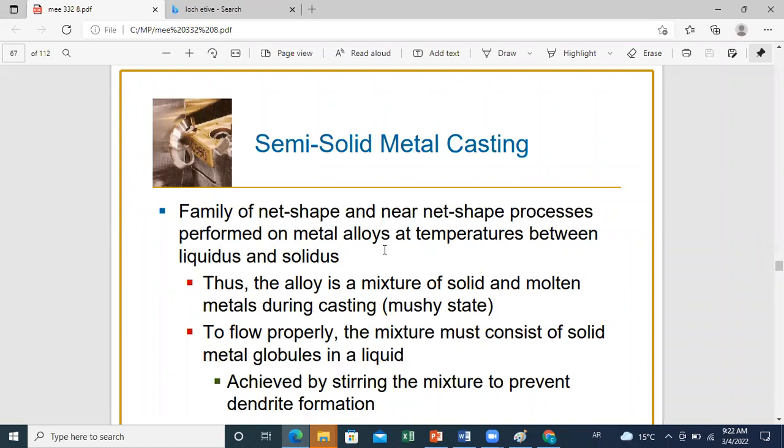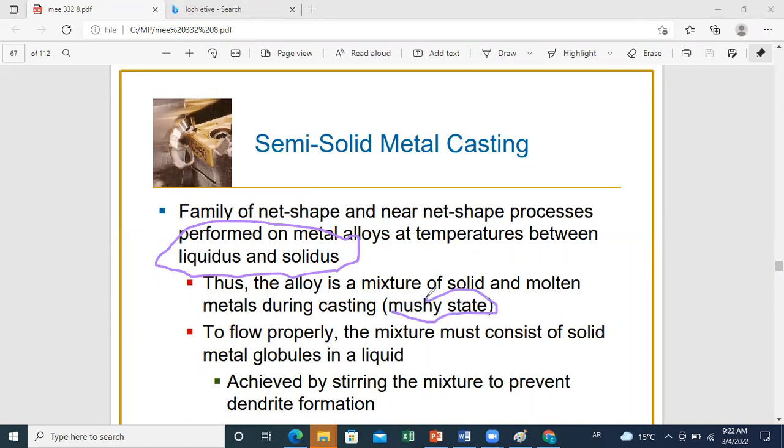If you remember, when we consider alloys and the variation of temperature during the pouring part, we said that we have a range of temperature where melting will take place, where solidification will take place. In this case, we are performing the casting with the alloy in a mixture of solid and molten metal. This is called the mushy state.